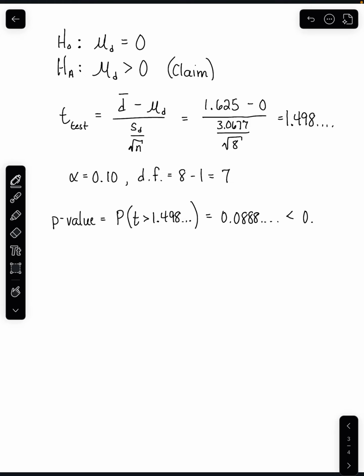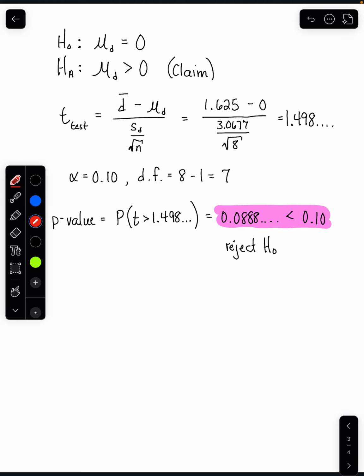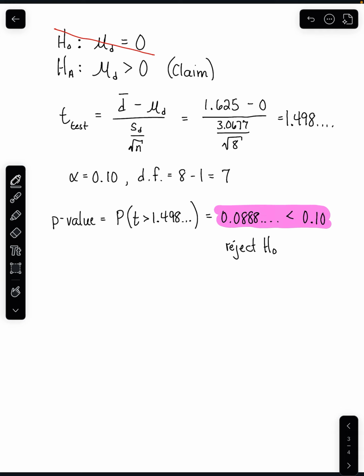And this is less than our alpha value of 0.10. This is going to give us the decision to reject H sub 0. So we are going to reject the hypothesis that there is no difference, which means we are believing the alternative hypothesis.